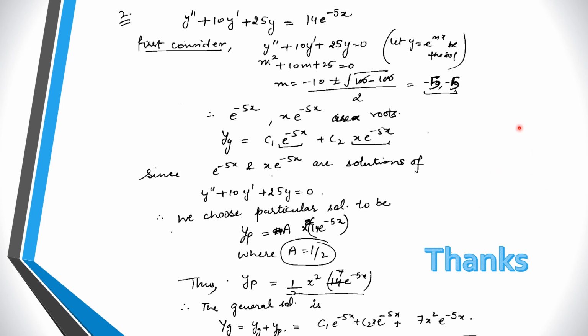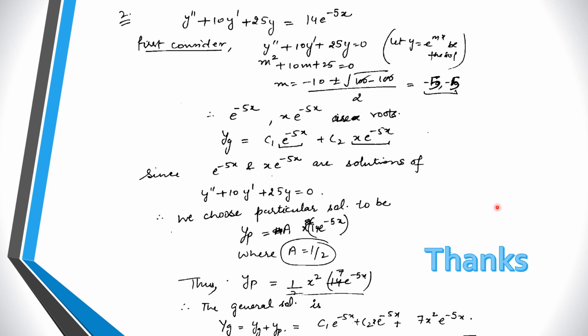But again x into e to the power minus 5x is the solution of your homogeneous differential equation of this auxiliary equation. Or you can say the value of A will be 1 over 2a plus p, but when you find out the value of 2a plus p, 2 into minus 5 plus 10, again it is 0.